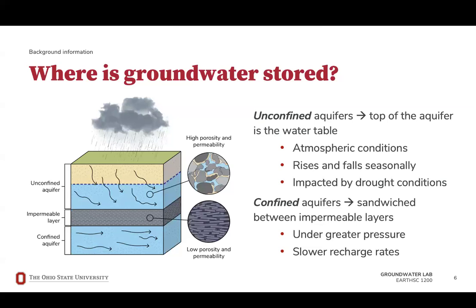Unconfined aquifers, also known as water table aquifers, are not overlain by a confining layer. The upper surface of the aquifer, called the water table, is directly recharged by infiltration from the surface. These aquifers are more susceptible to contamination and fluctuations in water levels due to their direct connection with the surface.